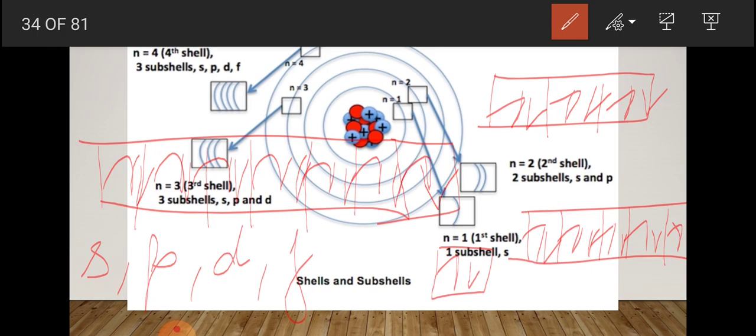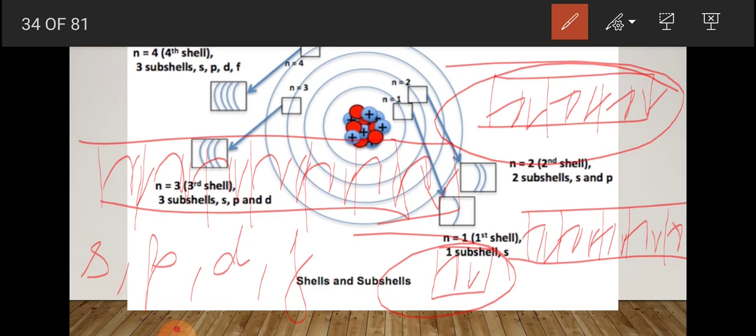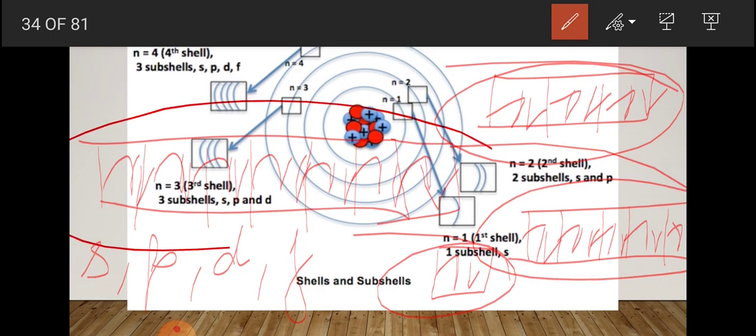Okay, what I have said, the subshells are S, P, D and F. And the maximum number of electrons in S can remain 2. In P, 6. In D, 10. And in F, 14.